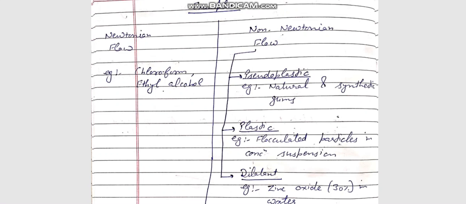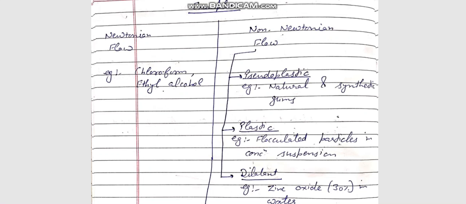Now the examples of Newtonian flow and non-Newtonian flow. In Newtonian flow, various examples are chloroform, ethyl alcohol and water. And in case of non-Newtonian flow, first we will discuss the example of pseudoplastic flow, that is natural and synthetic gum.